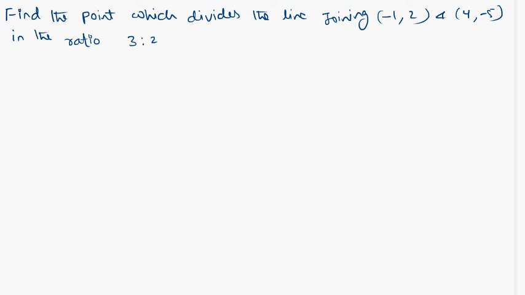Here the ratio L:M is 3:2, and the coordinates of the line segment are -1, 2 and 4, -5. Let these coordinates be x1, y1, x2, y2, and L and M are 3:2.